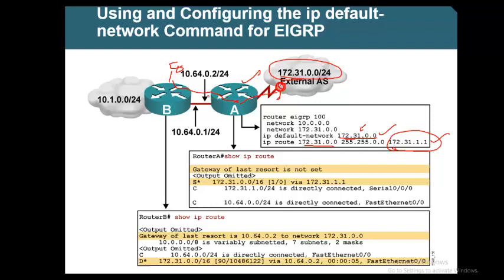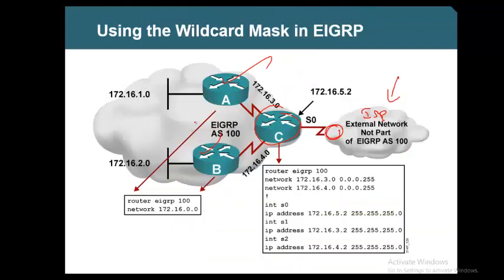Now coming to the original story, router B also should know the default route. Usually we write a static default route saying any network, any subnet mask, when you do not know, forward it to A. But for how many routers will you write?